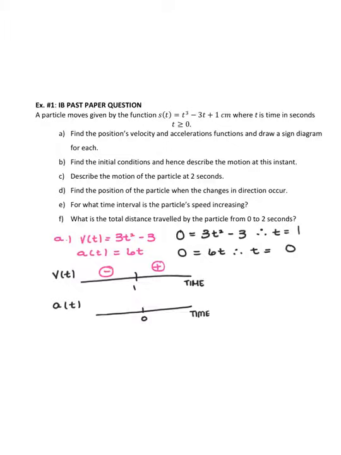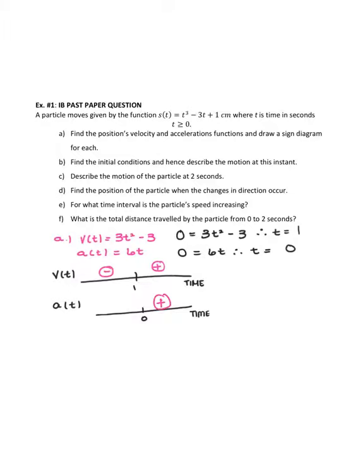Now let's think about our sign for our acceleration. On our acceleration sign diagram, we can't go to the left of 0, so what's the sign to the right of 0? Positive, right? So what's happening when we have a positive velocity and a positive acceleration? You're increasing velocity.